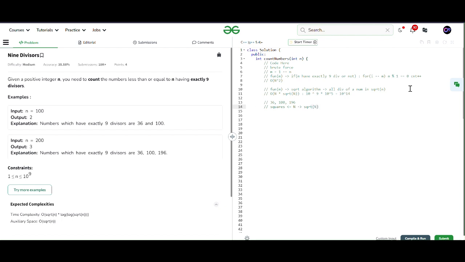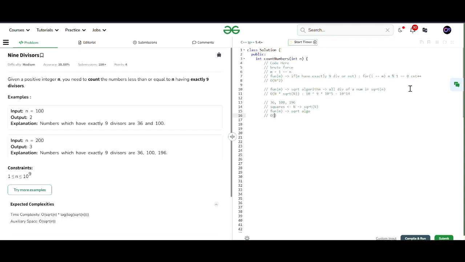I will iterate over only these perfect squares. So now the problem is reduced, and it will again be implemented using the square root algorithm.